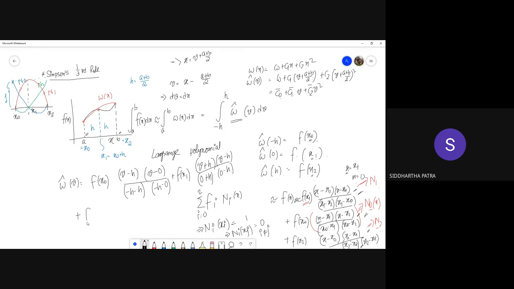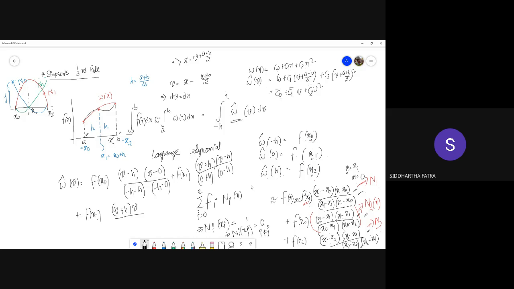And in the end, we have f of x2 or w hat of h multiplying v minus minus h, which is v plus h, times v minus 0, which is v.